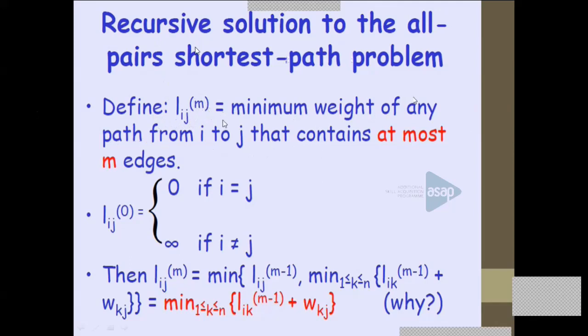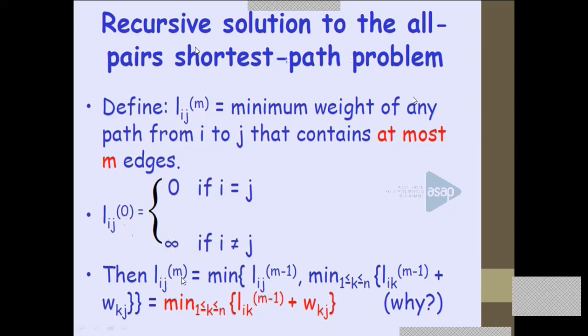It is the minimum weight of any path from I to J that contains at most M edges. This is the notation explanation. Then 0 means 0 edges, and 0 edges means the vertex is equal to itself, I equal to J, then that will be 0. If I is not equal to J, then that is going to be infinite.